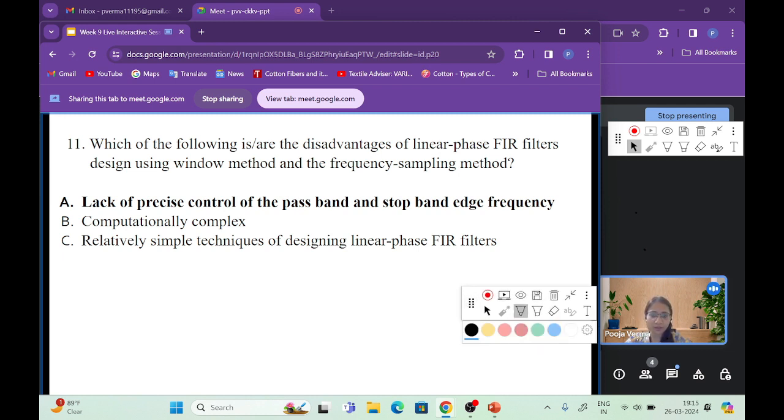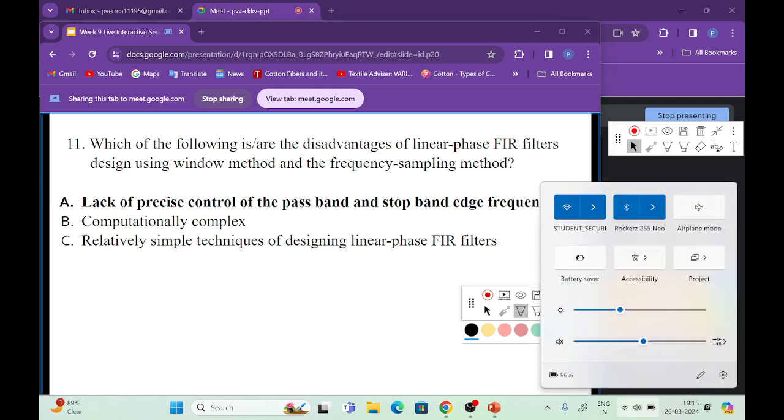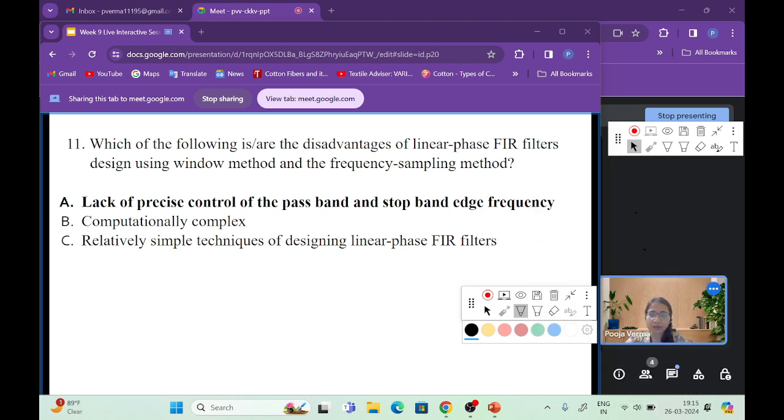Which of the following is or are the disadvantages of linear phase FIR filter design using the window method and frequency sampling method? Option A is lack of precise control of the pass band and stop band edge frequency. Option B is computationally complex.